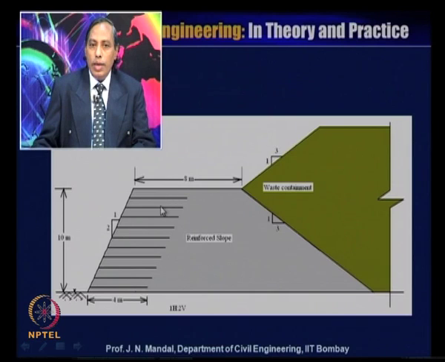So you can minimize, and this also you can see, this is 1 vertical to 3 horizontal. So even then you can construct this reinforced wall here. So you can save this land.